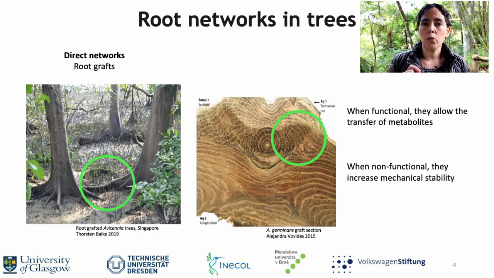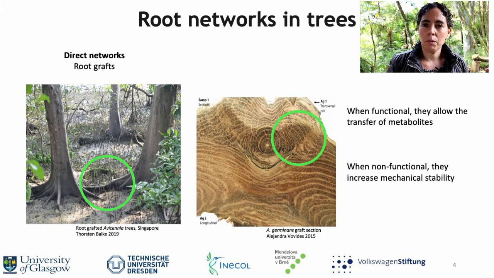Now, over 150 tree species are known to have root grafts, but for a very long time this process was considered either a random phenomenon in nature that had no benefit really for trees, or had a negative effect on them because it can also increase the risk of pathogen transmission.